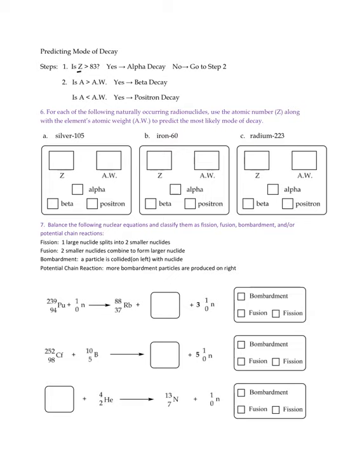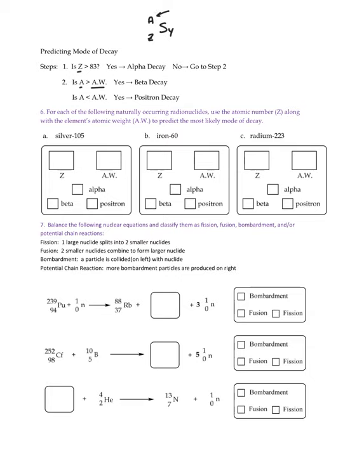We're going to be looking at Z, A, and what I'm calling A dot W with decimals. And so remember, if you have an isotope symbol, let's just do something generic here. So I've got a symbol, I've got A at the top, Z at the bottom, right?